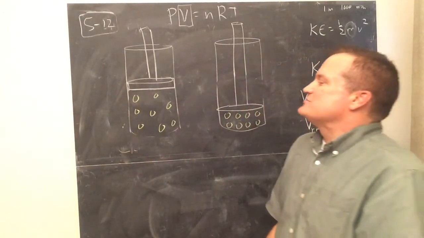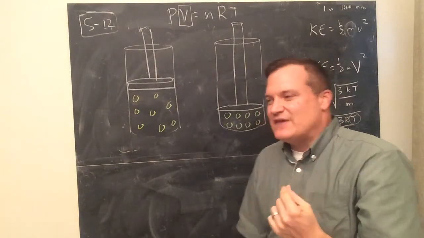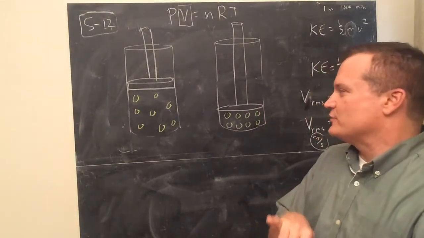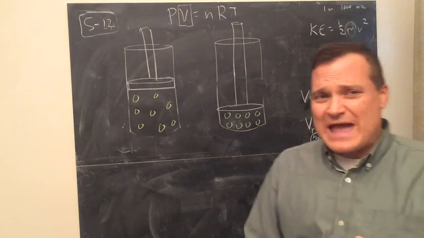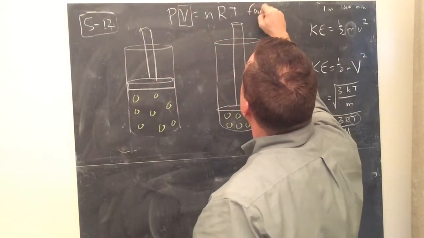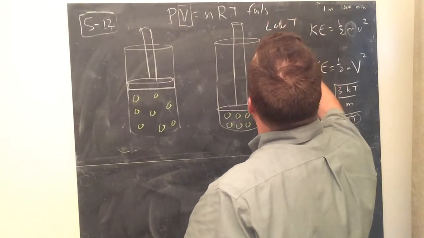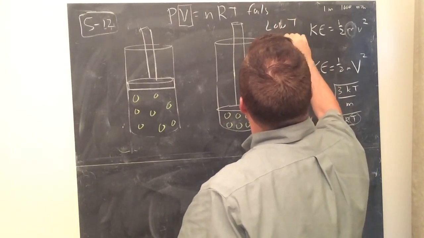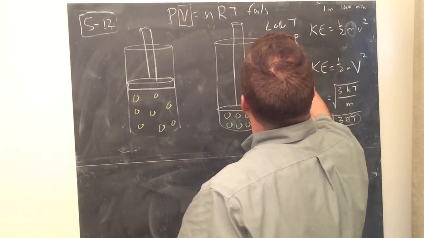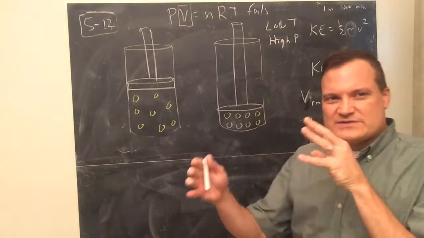In most situations, PVRT works fine, but it fails if you're at low temperature or under high pressure. What happens at low temperatures? Molecules move really slowly.